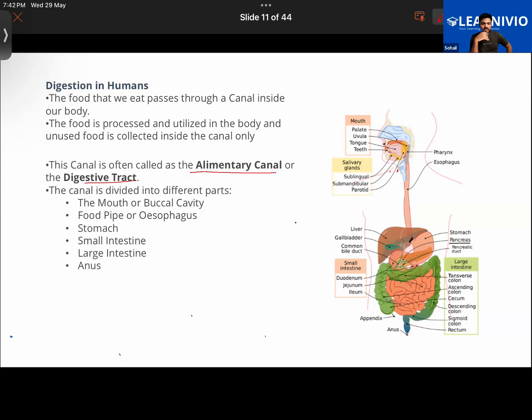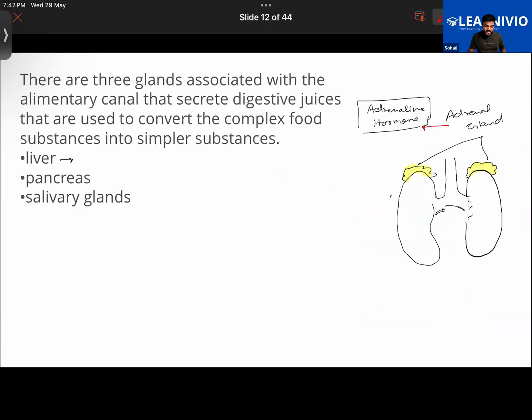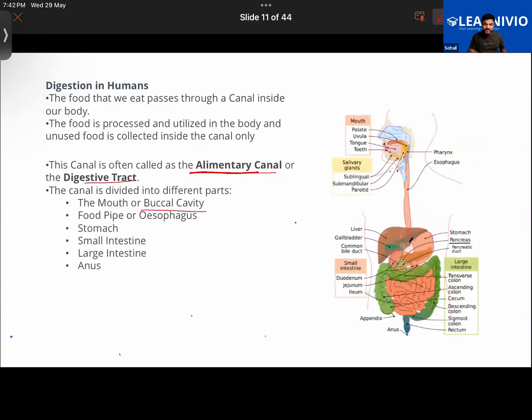Yes, sir. So this canal which I was talking about is called the alimentary canal, and it is made up of different parts, namely your mouth. Mouth is also called the buccal cavity. If you open your mouth wide, you will find there's a cavity inside, an empty space between the upper jaw and the lower jaw.